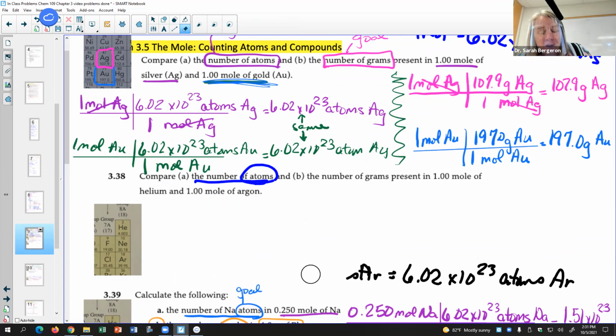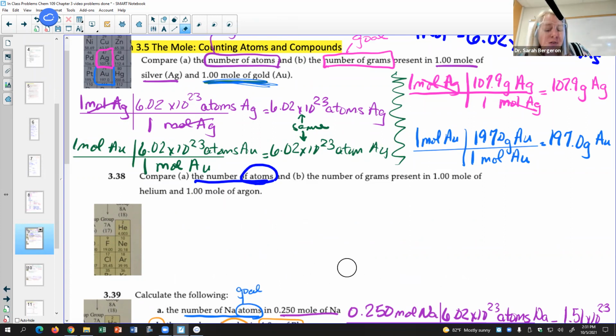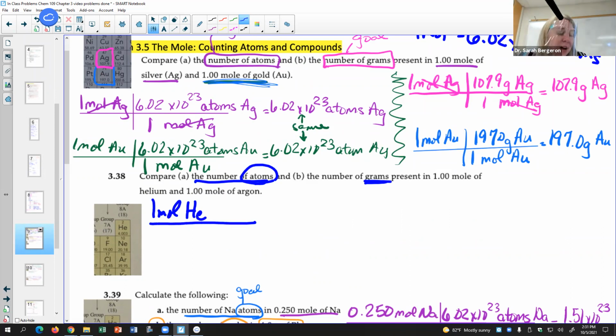So let me just erase this. Okay. Now, I'm still starting with 1 mole. I have 1 mole of helium. I want to know the number of grams present. How do I get that? I look on the periodic table and I find helium, and I look at that bottom number. What's the bottom number? So what that tells me is in 1 mole of helium, there are 4.003 grams of helium.